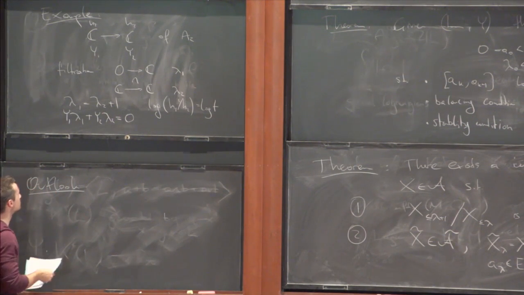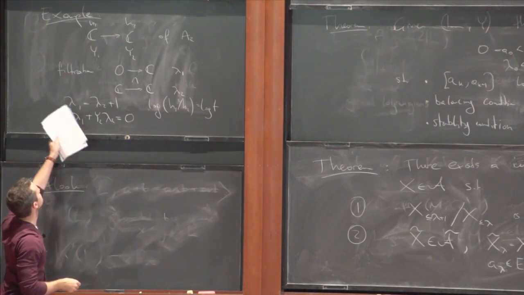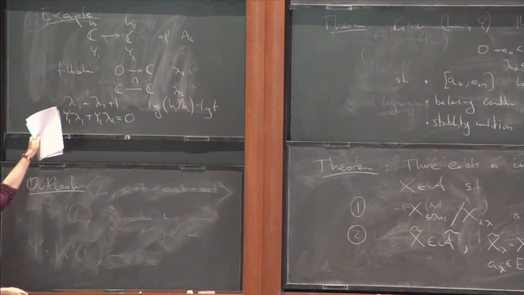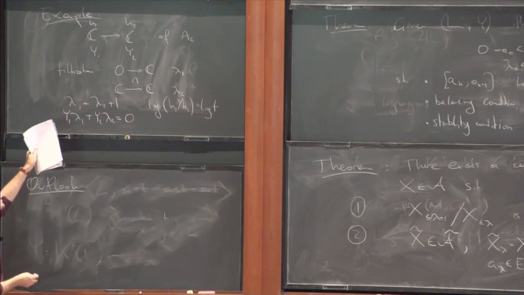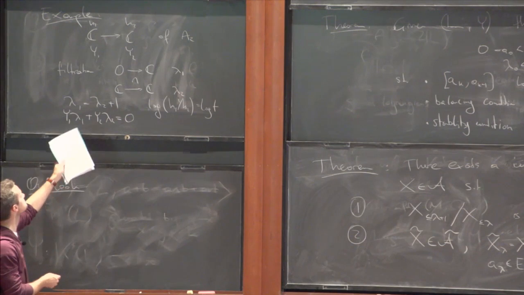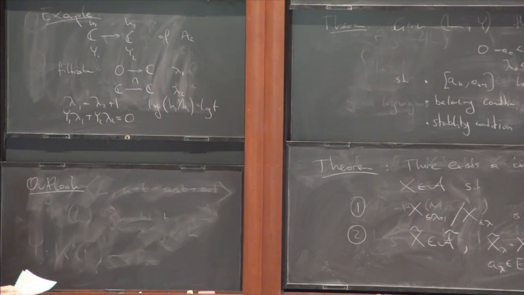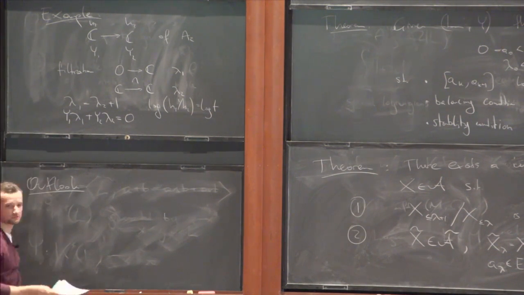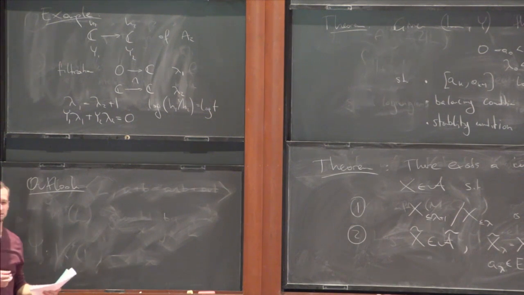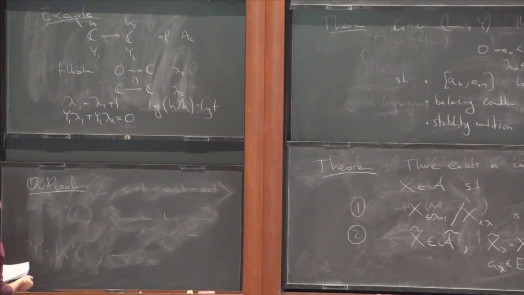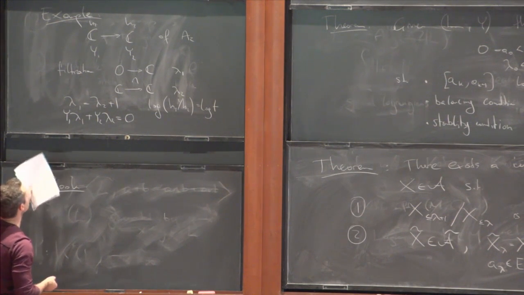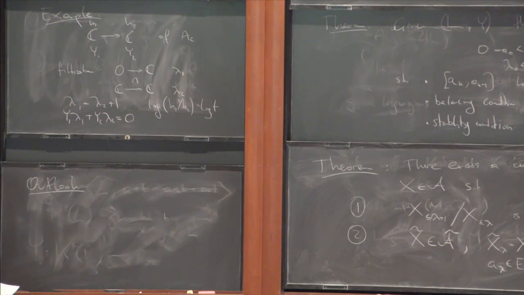First of all, in general there will be some wall and chamber structure on this space of y's, this Hom from K0 plus to R greater than 0. It looks like this. Here the wall is some quadric. I think in general it will be some real algebraic equation with integer coefficients. But we don't fully understand this wall and chamber structure yet.